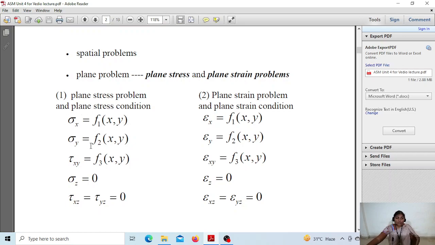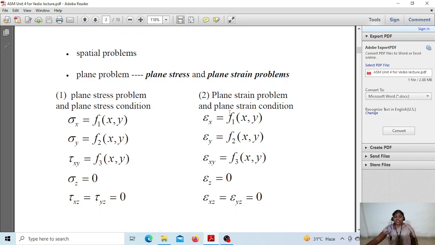Similarly, sigma y is equal to f2 of x y, which indicates your sigma y also exists. Again, tau xy is equal to f3 of x y. What are f1, f2, f3? f1, f2, f3 are functions. Now, sigma z is equal to 0. Similarly, tau xz, as I said earlier, and tau yz are equal to 0.